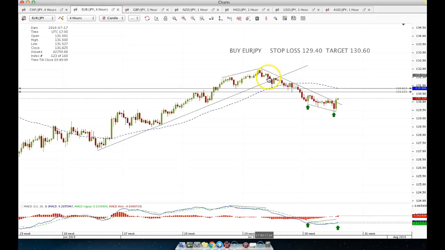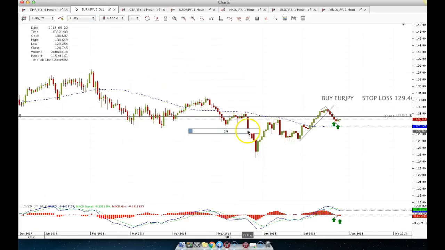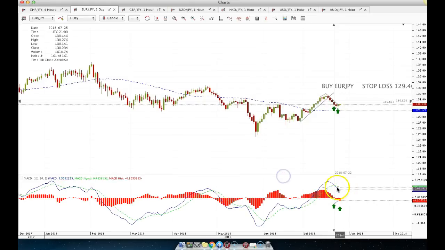So in a downtrend, I switch over to the daily chart, so I have to go to the next highest time frame to confirm my divergence. So there's the two lines on MACD crossing to the downside, which is confirming the divergence on the 4 hour chart.